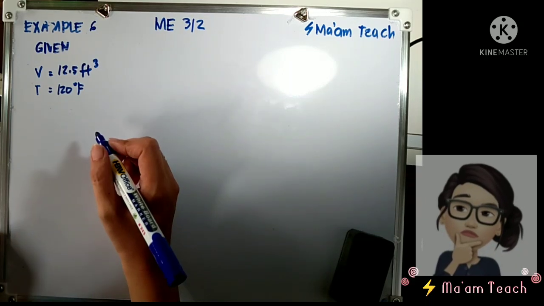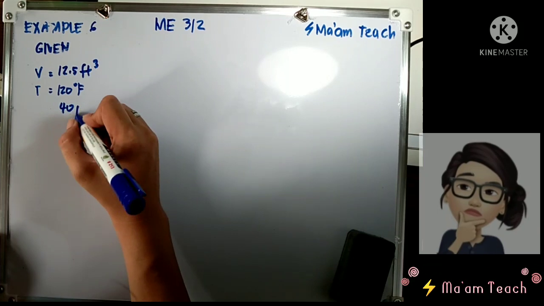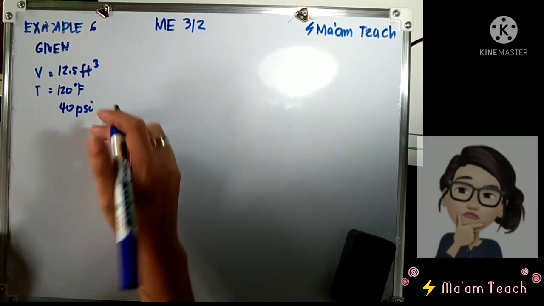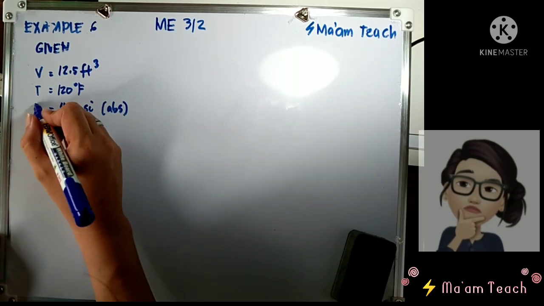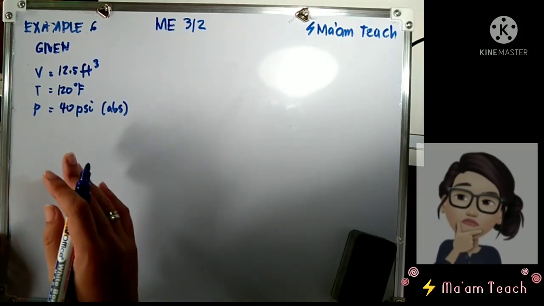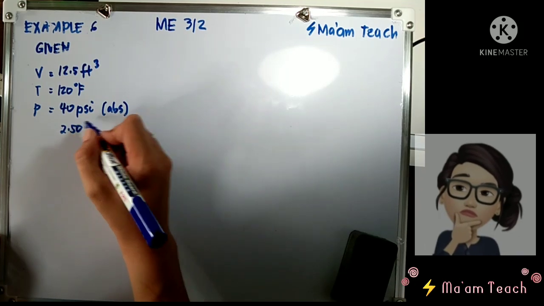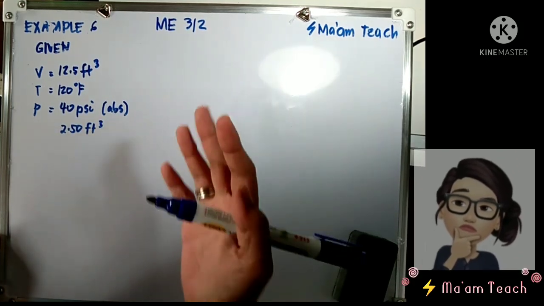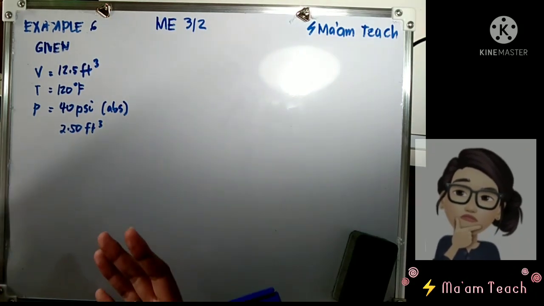And we are given 40 psi, or pound per square inch, which is an absolute value. Obviously, this is our pressure. Now, the air is compressed to 2.50 cubic foot. Take note of the term compressed, which means that this is already the final volume of your air.